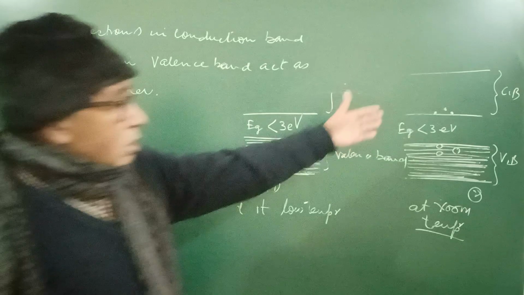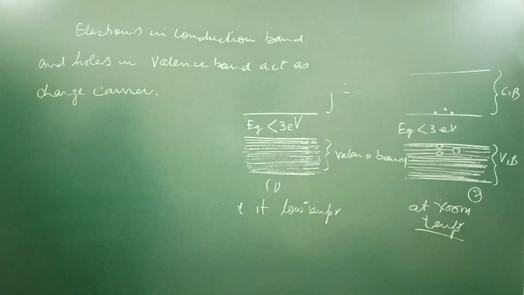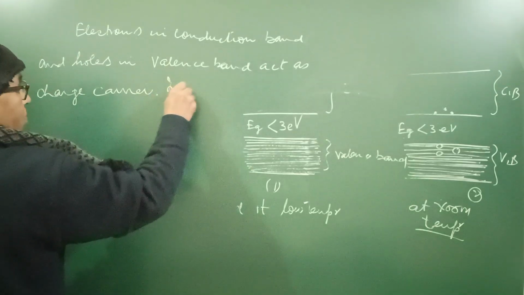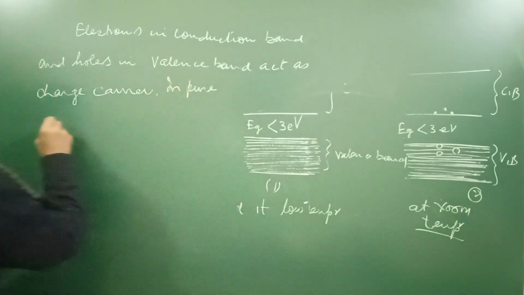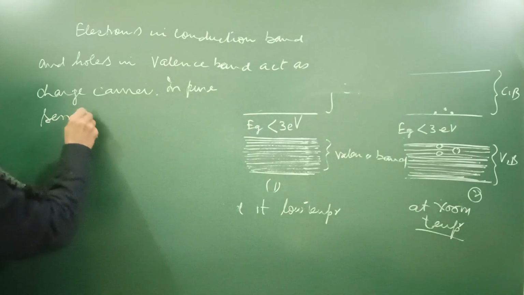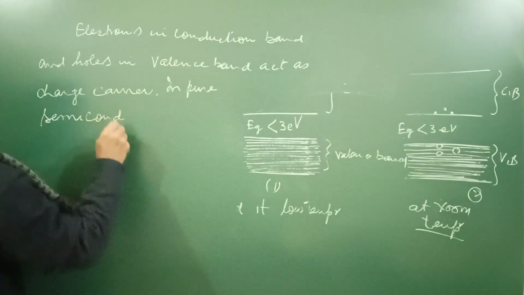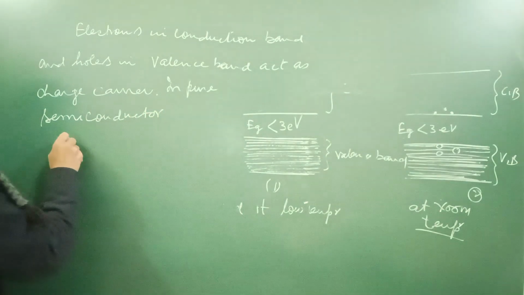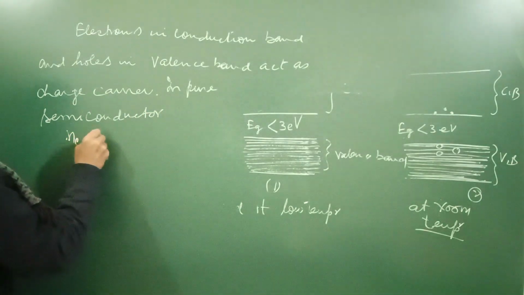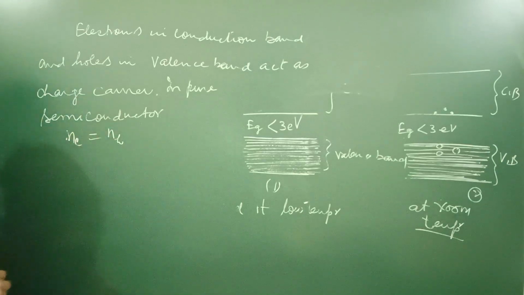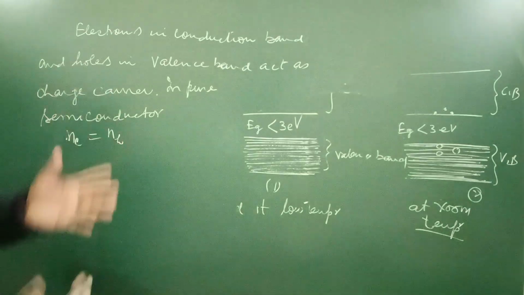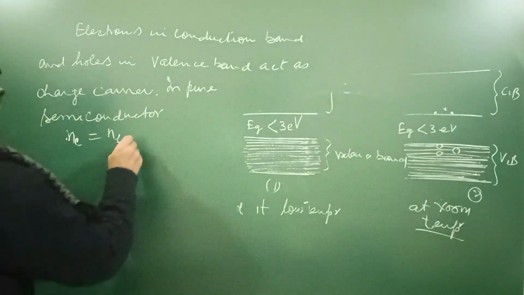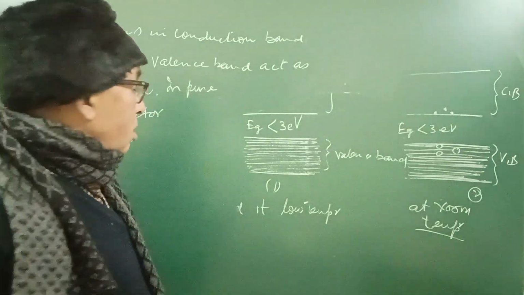In a pure semiconductor, the number of holes and electrons are equal. Ne equals NH, where Ne means the number of electrons per unit volume, which we call electron density, and holes are equal, and both conduct electricity.